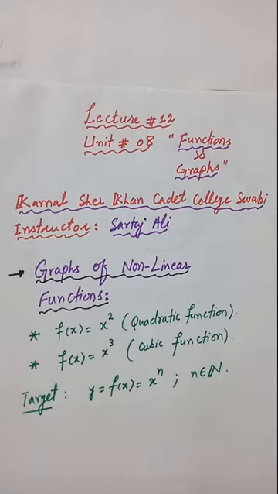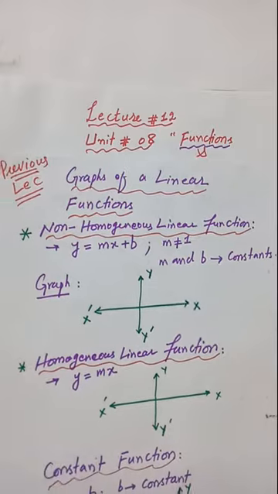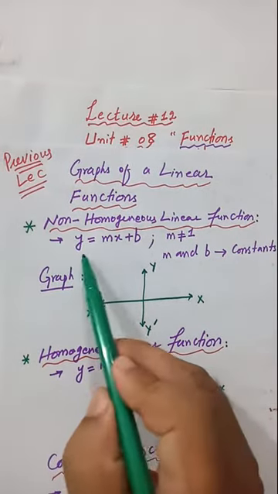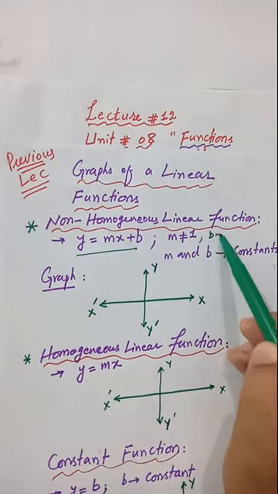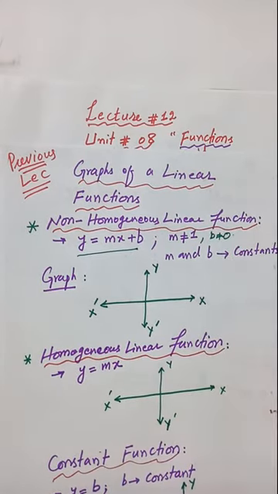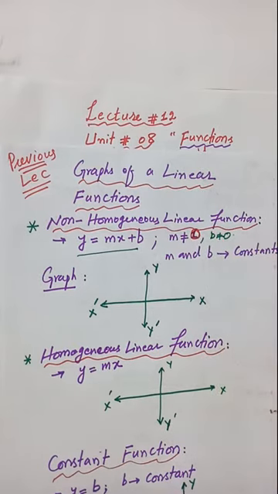Before discussing these, I will briefly revise the graphs of the linear function, which we discussed in the previous video lecture. If b is not equal to 0 and m is also not equal to 0, then the graph of the non-homogeneous linear function is a straight line which is not passing through the origin, because there is a y-intercept.